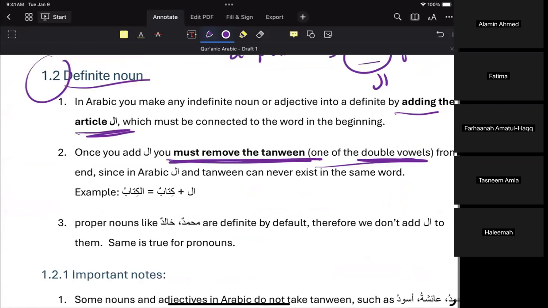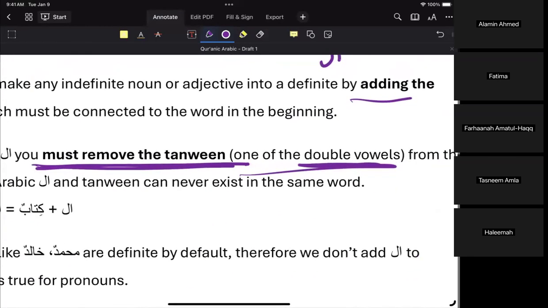It could be that for a grammatical reason, instead of kitabun, the word is kitaban. But now you need to add alif lam. Do you say al-kitabu? No, you say al-kitaba. You cannot change the haraka.